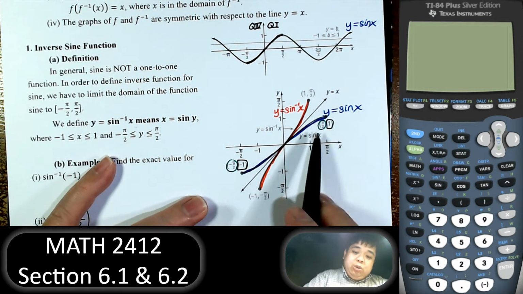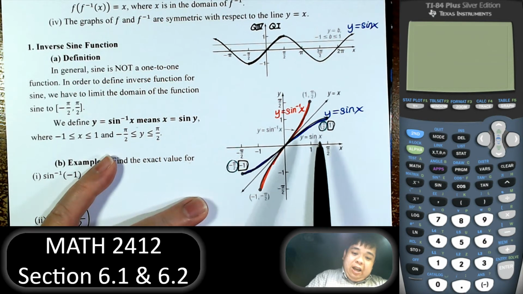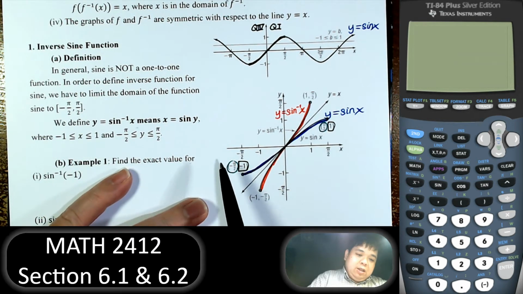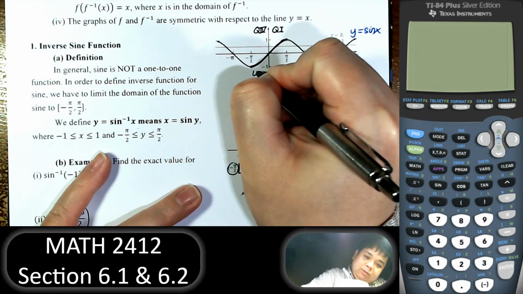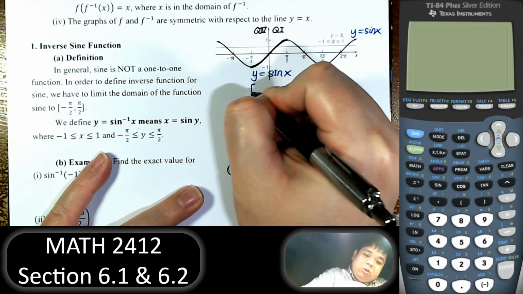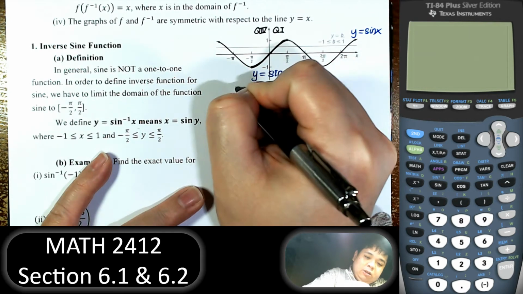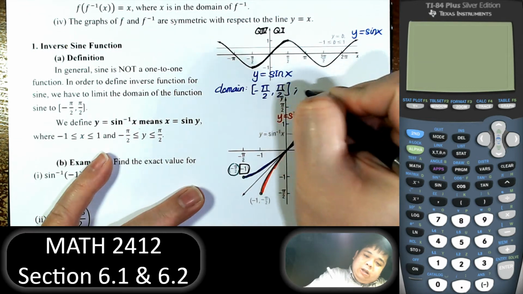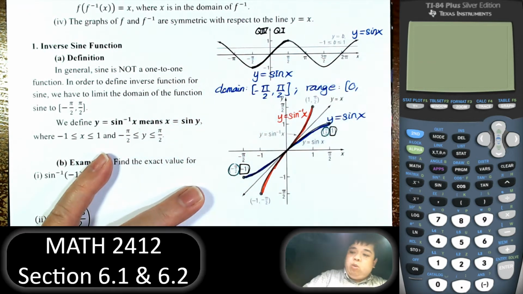And then all we need to do is just switch them: negative 1 to 1 for the domain of the inverse, and negative pi over 2 to pi over 2 for the range.